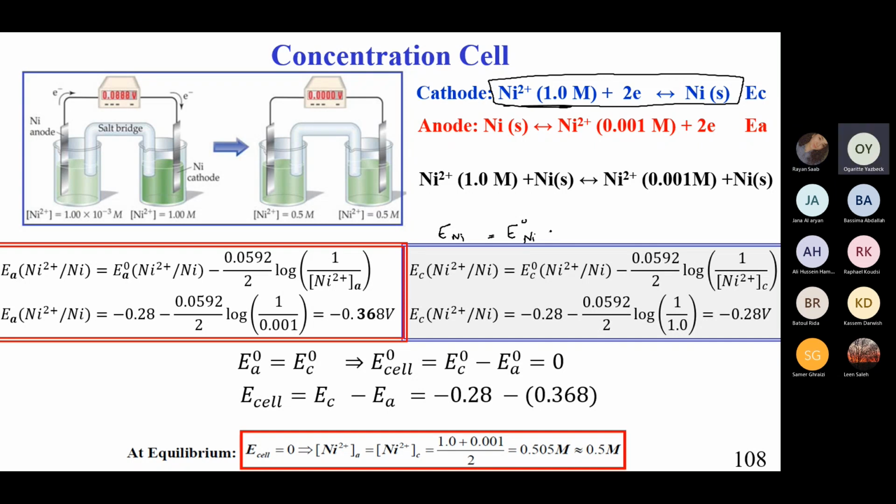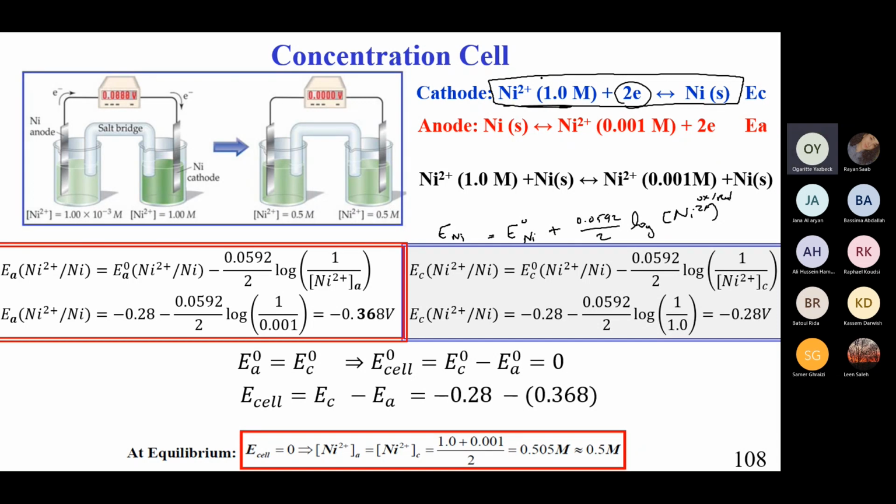Do you think it's better to do a minus or a plus in this case? We can put a plus because we only have the concentration of Ni 2 plus. Exactly. So plus 0.0592 over 2 electrons transferred, log concentration of Ni 2 plus, ox over red.